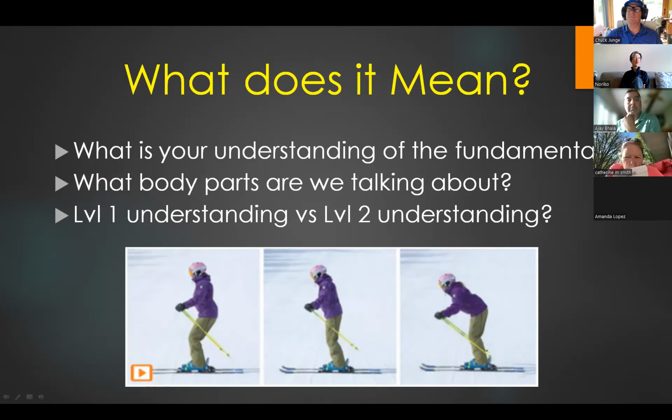Fore-aft balance should come from us flexing the ankles, at least for step 1. You have to control your ankle and foot movement, at least try to do that as step 1.